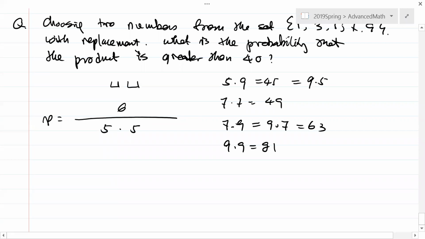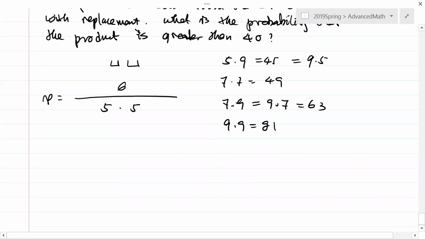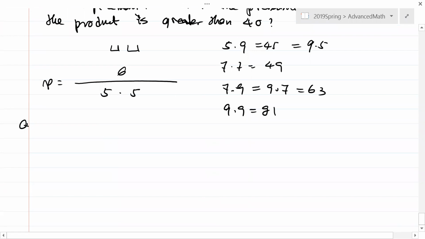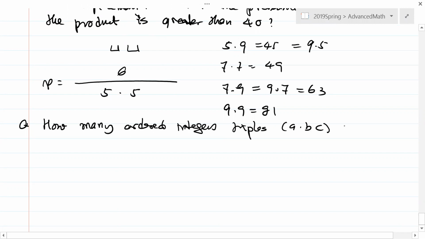There's one more problem. I'm going to finish class. The next problem, we go back to the equations. How many ordered integer triples A, B, C have the following property?